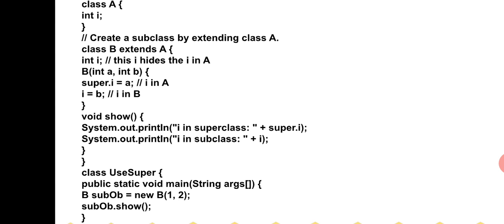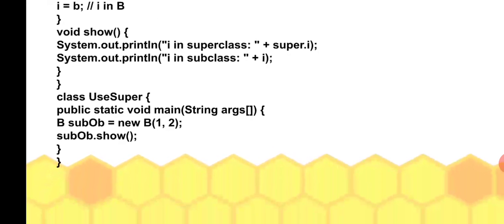I am again and again saying, when you use the super keyword, you are referring to the variable which is present in the superclass, that is class A. If you are not using the super keyword, the variable I which is residing in class B is referred.